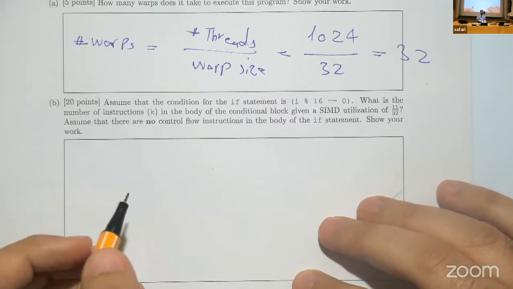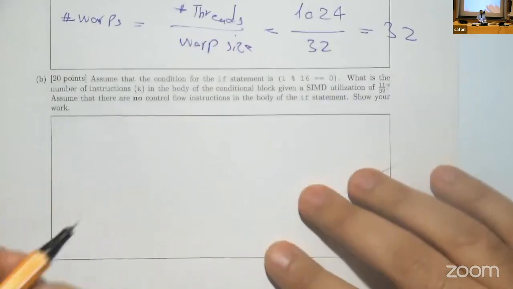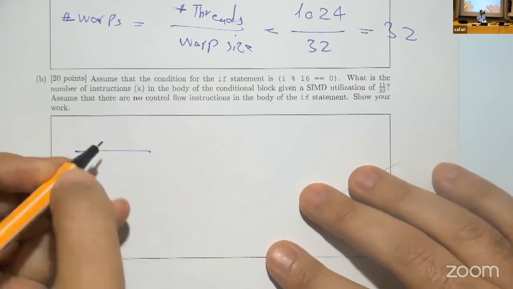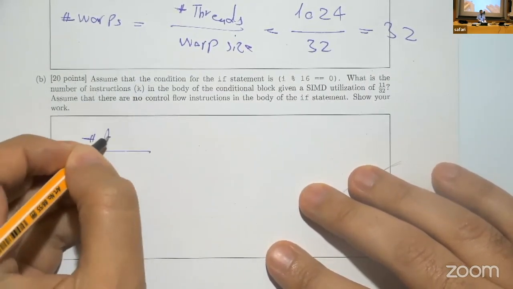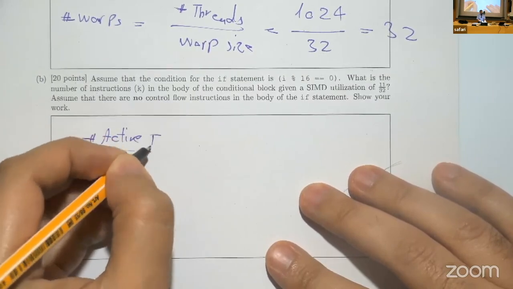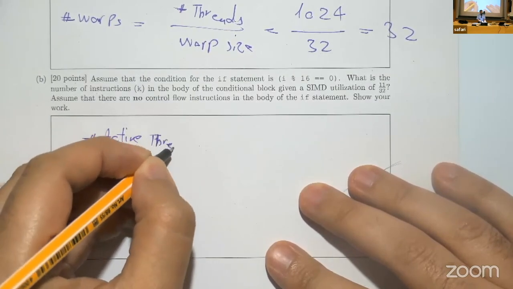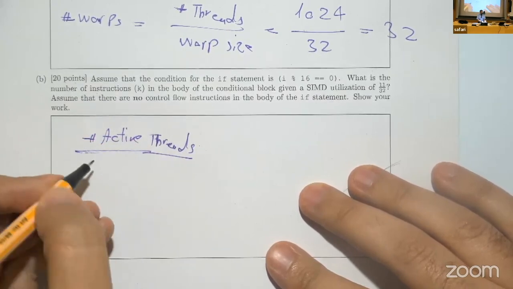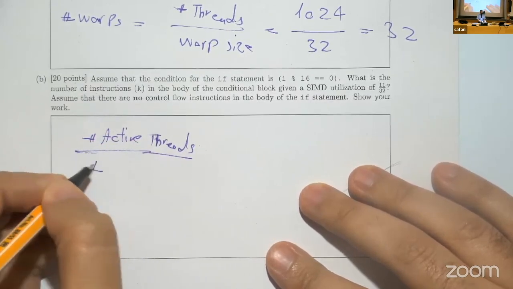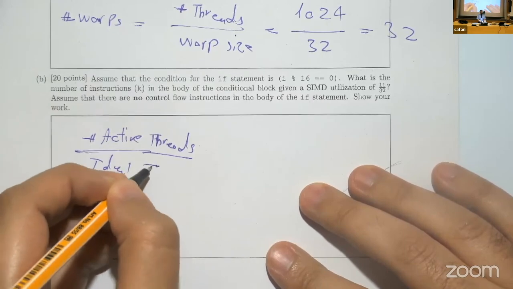Usually when you want to calculate the utilization rate, you need to see the number of active threads divided by the ideal number of threads.